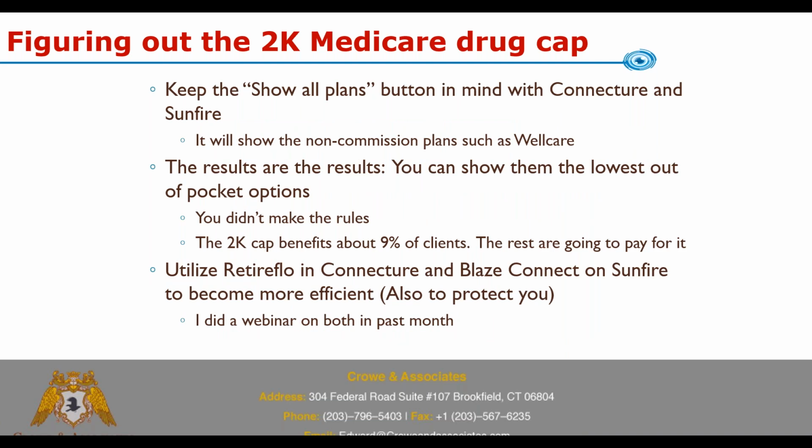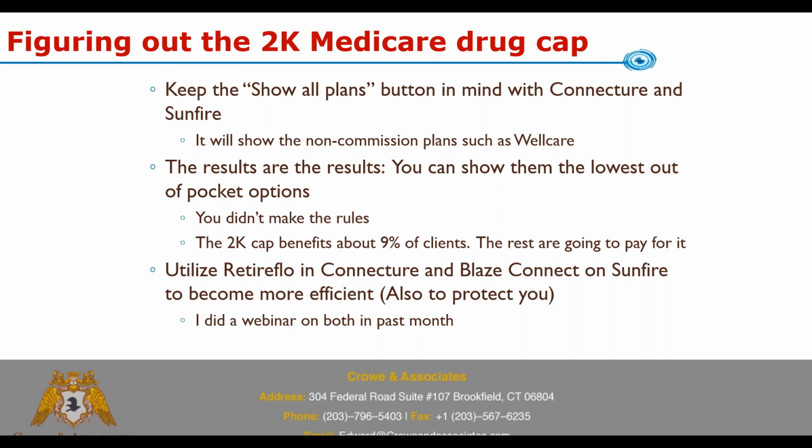On Connecture and Sunfire, we have the whole issue of plans, especially standalone drug plans, that are no longer commissionable. So both of those systems are going to have the show all plans button, and you've got to keep that in mind when you run it. If you want to see the non-commissioned plans, when you run this, they won't show up initially.